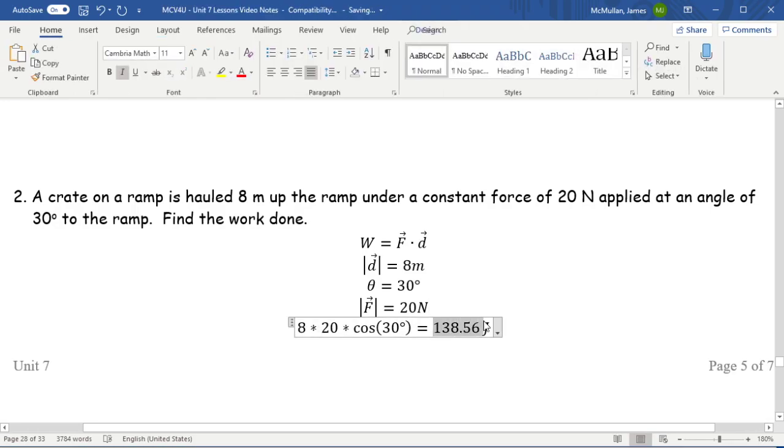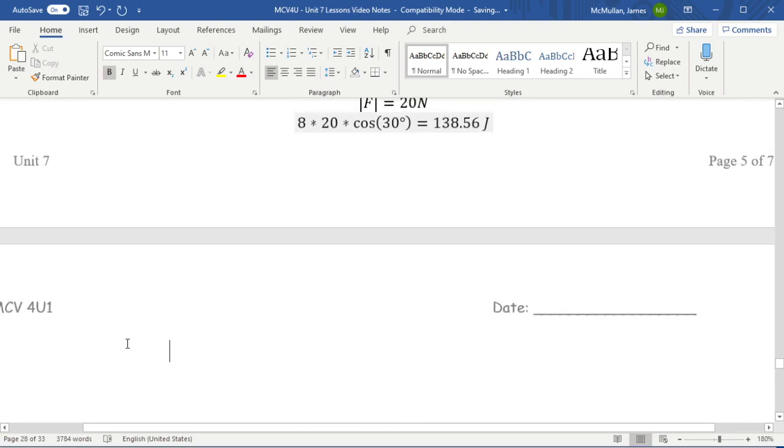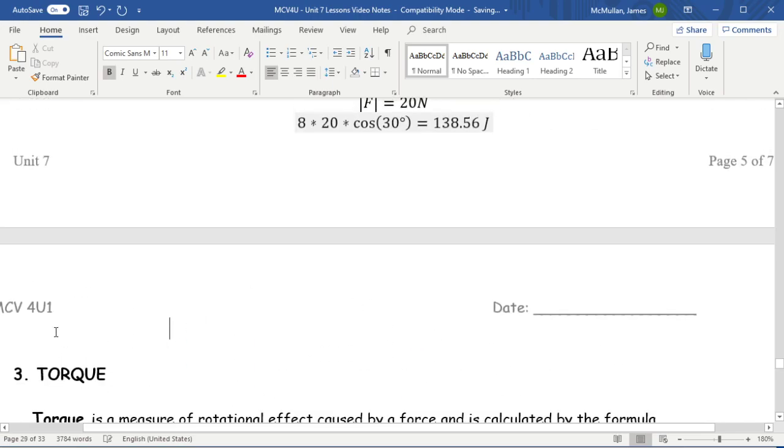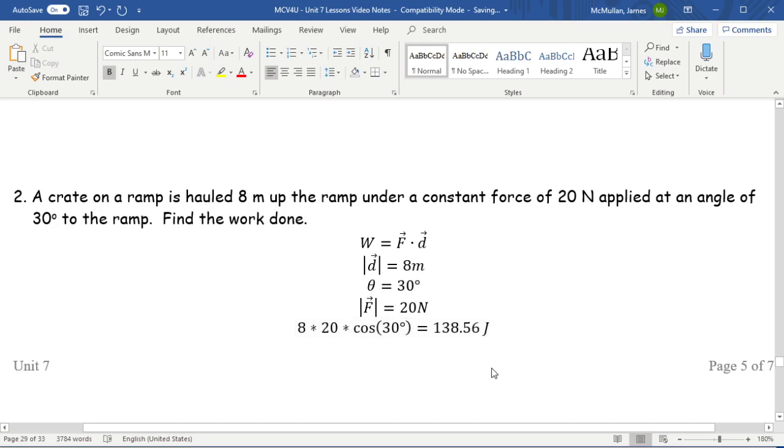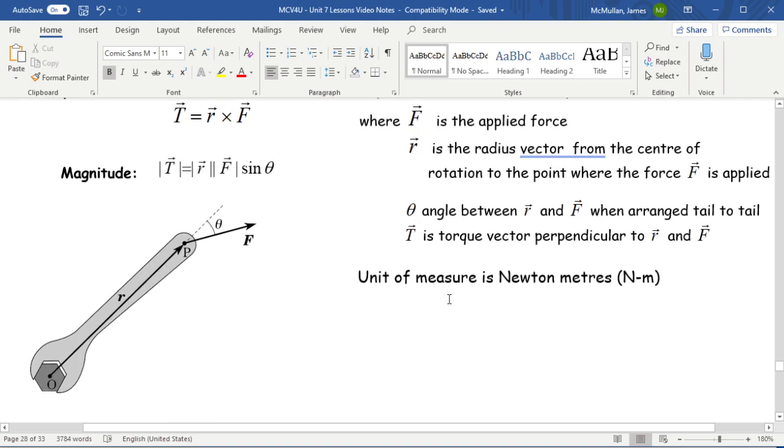Okay, 138.56 joules. That's it. So I said it was similar to last unit. It's not actually that similar. It's much easier. We're not finding the constant force that's pulling it down, because it doesn't actually give us the angle of the ramp, so there's nothing we could possibly do with that.